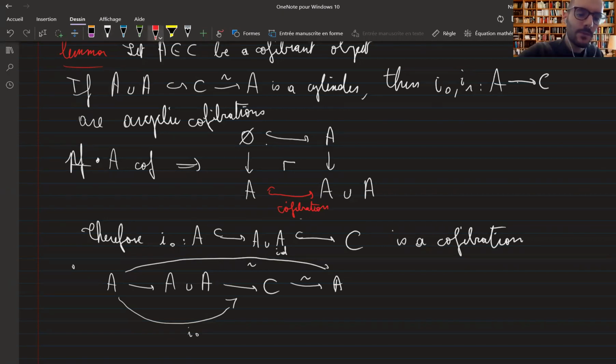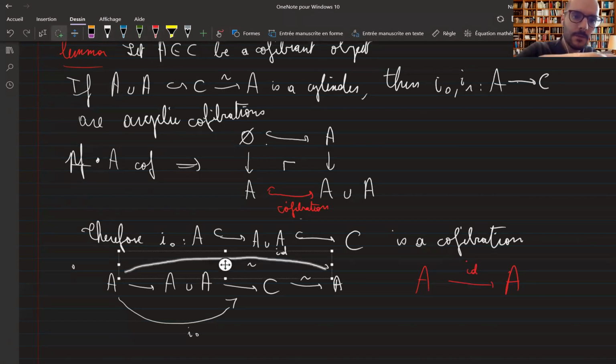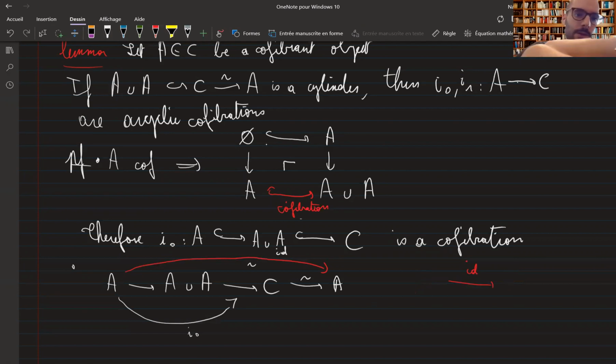You have a triangle like this. So this is the top map in red. Okay, I will try to be consistent with colors. You have this map in green, which is a weak equivalence. And here you have I0.